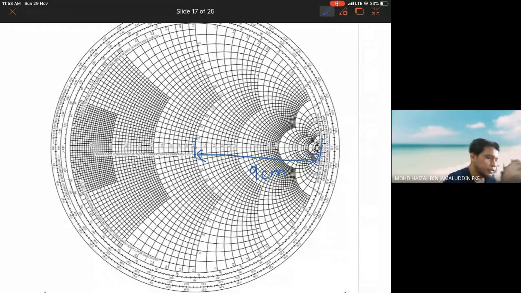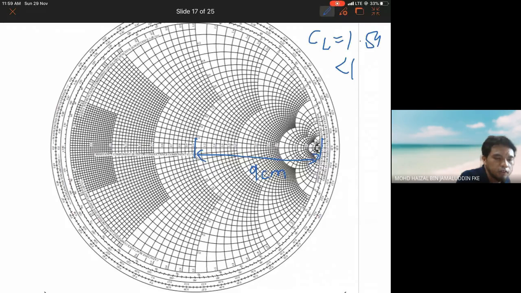Next you determine the CL. The CL is 1.59 with an angle of 132 degrees. Now on this Smith chart, you need to determine the real value of the CL. So the new CL is 1.59 times 9 cm.